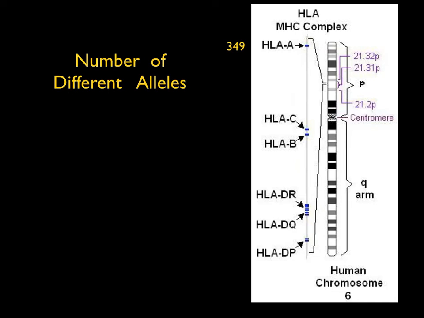Now, at least as of the last time I was reading and putting together this presentation, 349 different kinds of alleles. So we're not talking about big A versus little a. That would only be 2 kinds of alleles. We're talking 349 different kinds of HLA-A alleles.